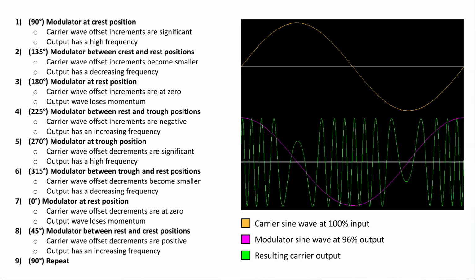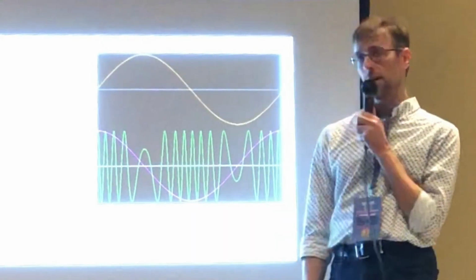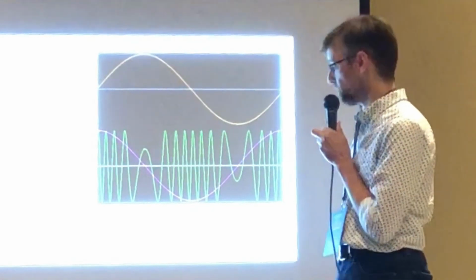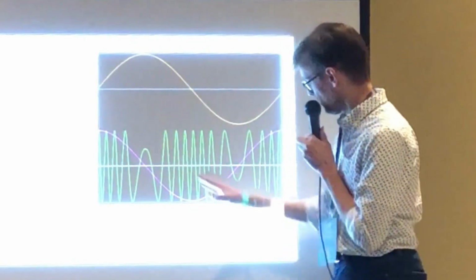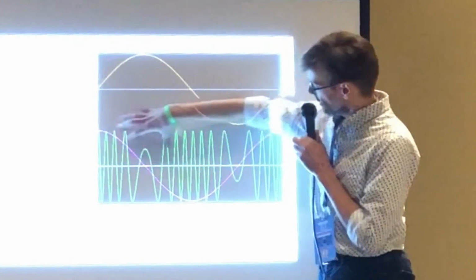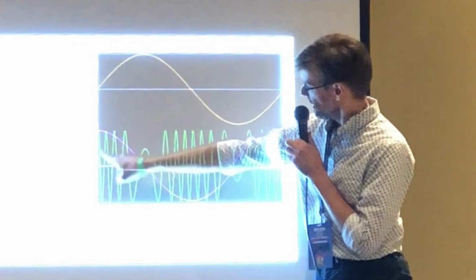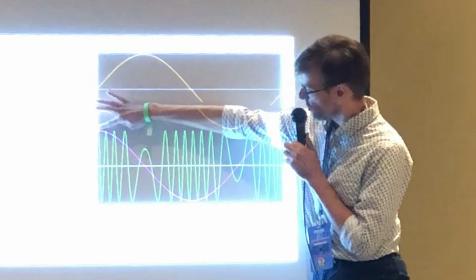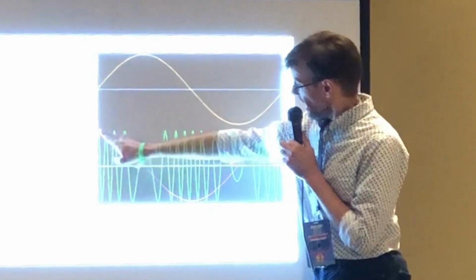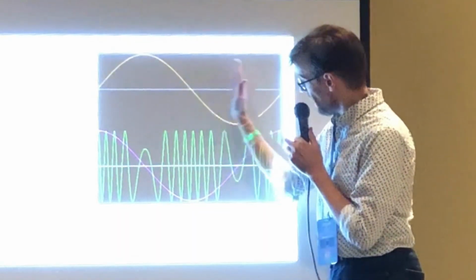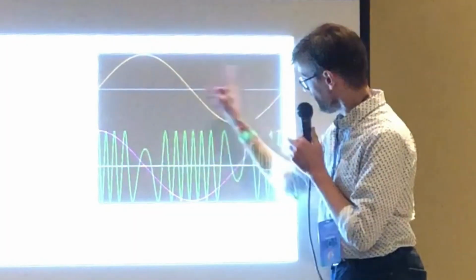Now, how this works. Technically a modulator is based on hypotenuse, but I like to represent it as amplitude because I think it's easier to understand. Say the modulator is 90 degrees that way, in other words, this high point is up here, the carrier wave is down here. So the modulator is at its strongest here. As it comes down, this thing is starting to slow down because the modulator is changing phases.